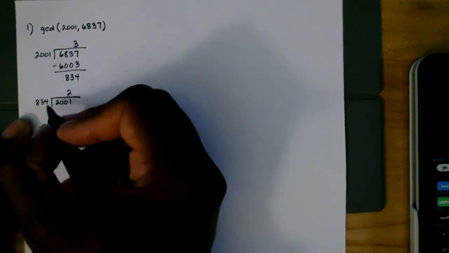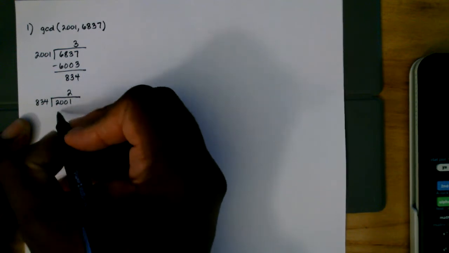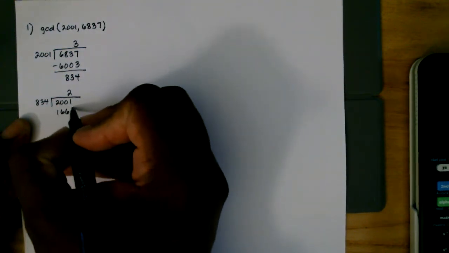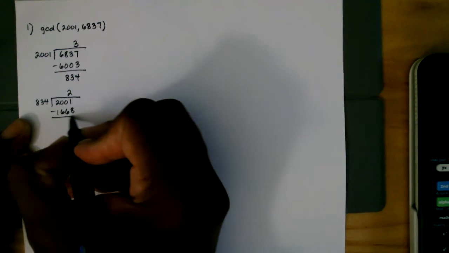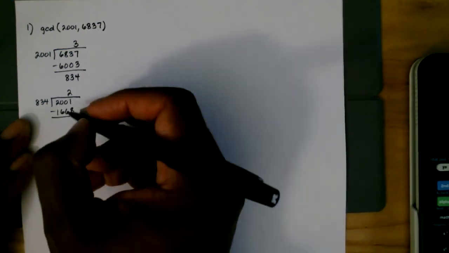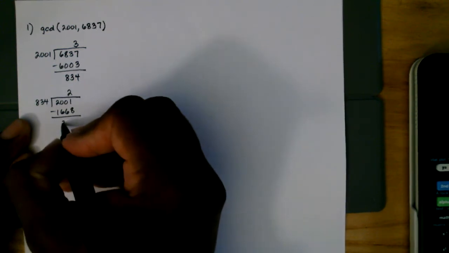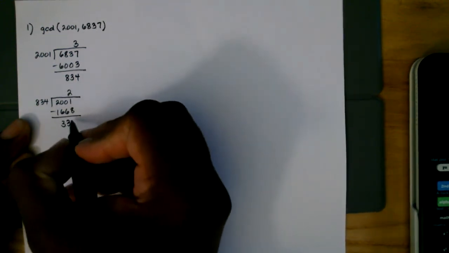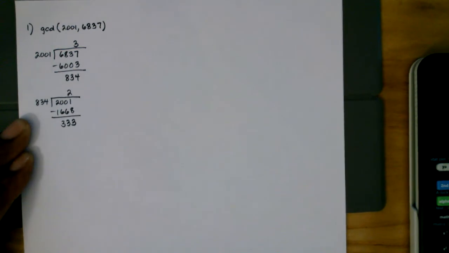And then we multiply 2 times 834, that will give me 1,668. And then I subtract 1,668 from 2001, which will be 333. And I still don't have a remainder of 0.